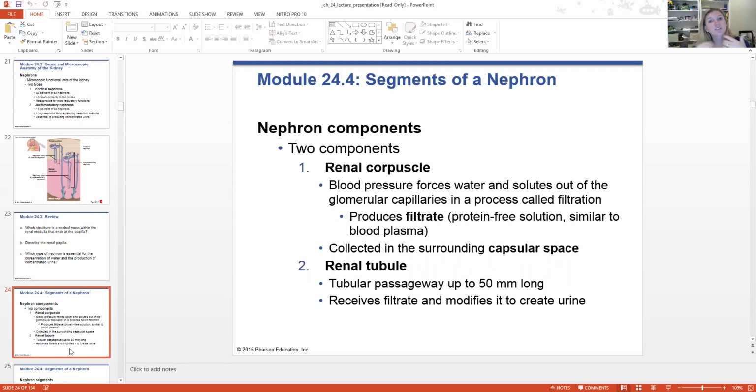After stuff is kicked out of the blood at the glomerular capillaries, it goes into this capsular space and then goes to the renal tubule. This renal tubule can be very long, and this is where all of the ion concentrations will be adjusted in your pre-urine stuff. This is the stuff that will eventually become your urine. We call it filtrate. So filtrate equals pre-urine.